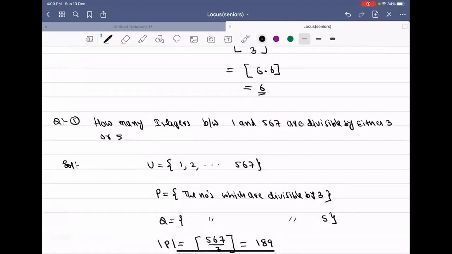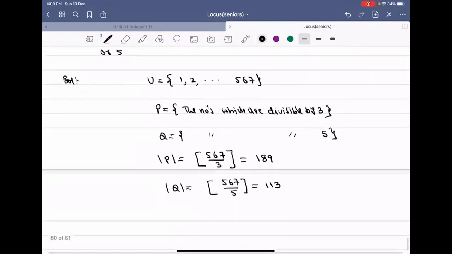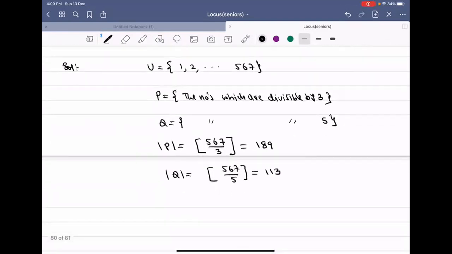The question is divisible by 3 or divisible by 5. Now the question is P union Q. We need to find the number of elements in P union Q.